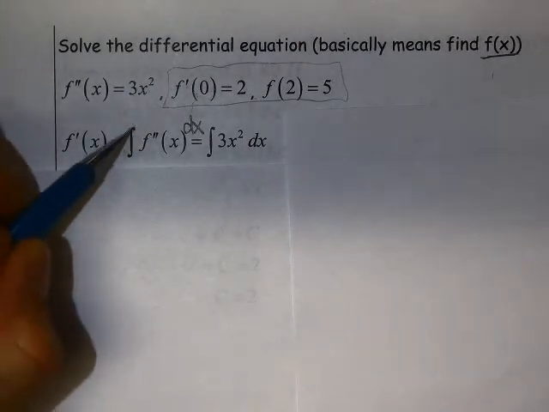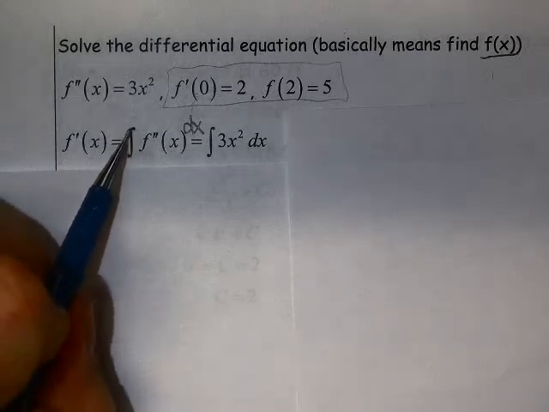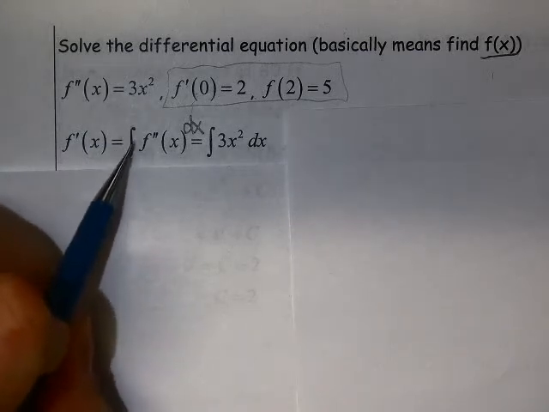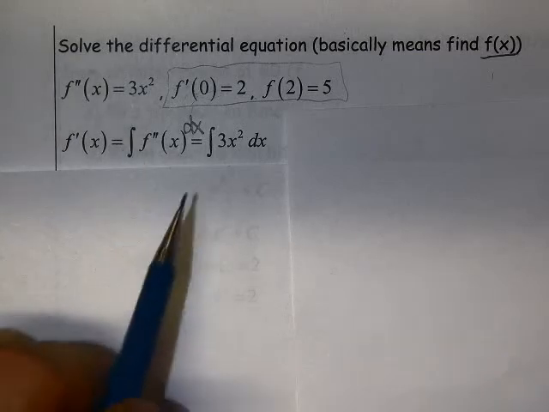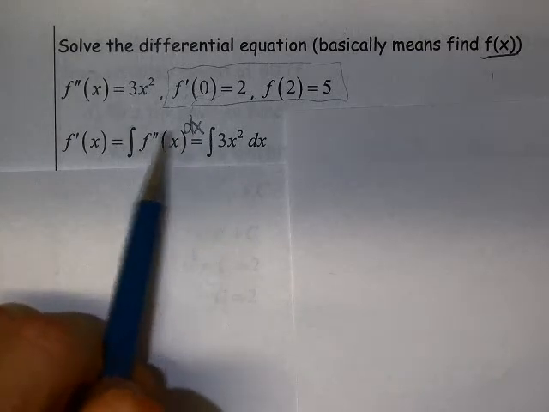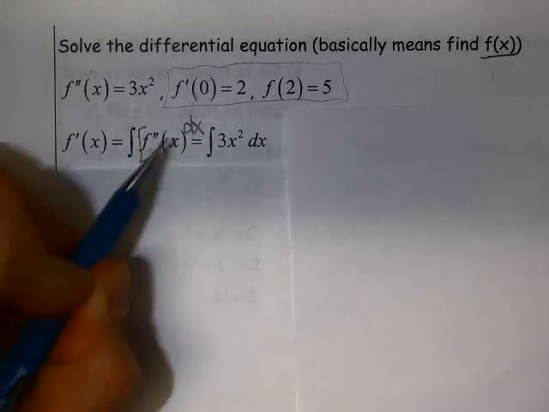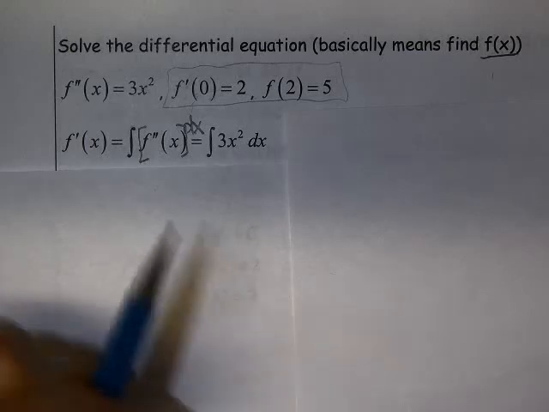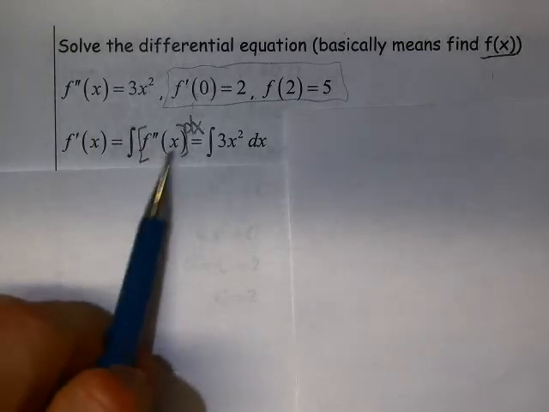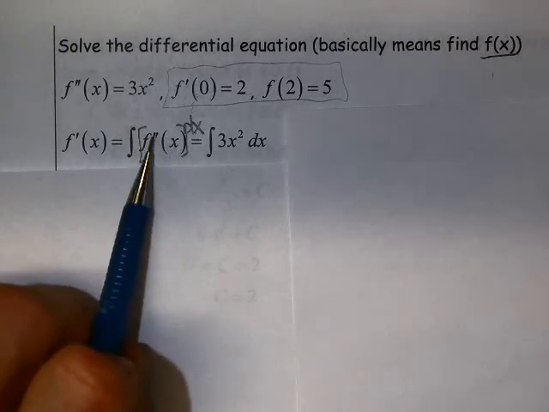This integral sign is really just a stretched out S. It really stands for summation. The integral symbol and the dx are like bookends for the thing that we're finding the antiderivative of. So we're finding the indefinite integral of f double prime.